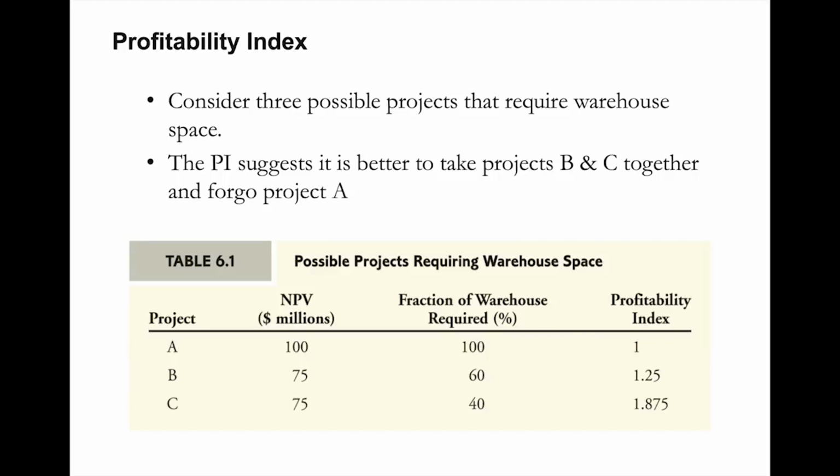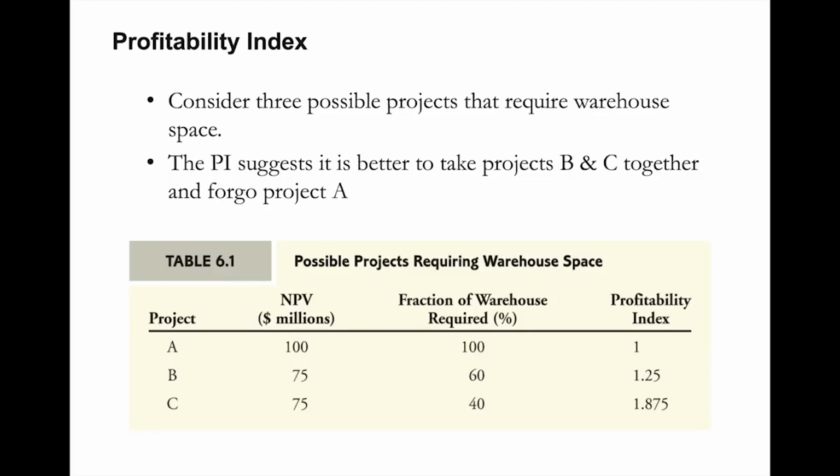For the other two projects, Project B and Project C, we can see that they both provide a net present value of $75 million. But they use relatively less warehouse space than Project A. Project B only consumes 60% of the warehouse and Project C only requires 40%. So looking at the profitability index for projects B and C, we can see that they're 1.25 and 1.875.